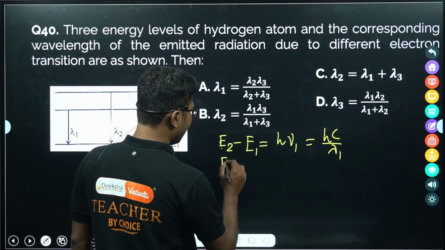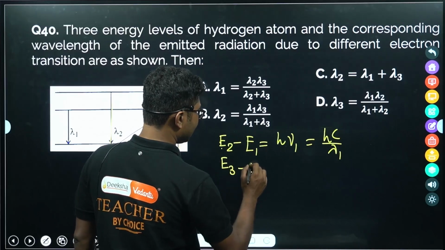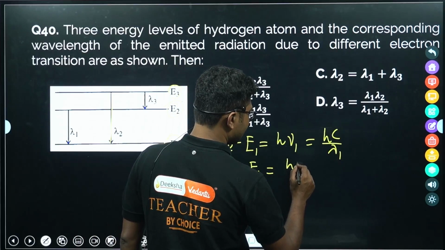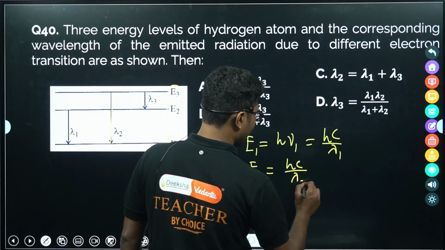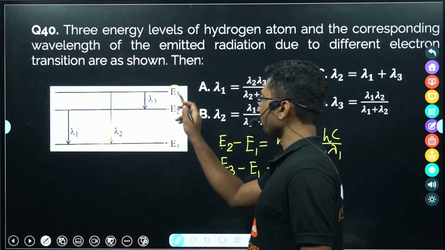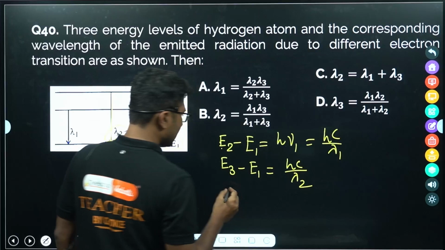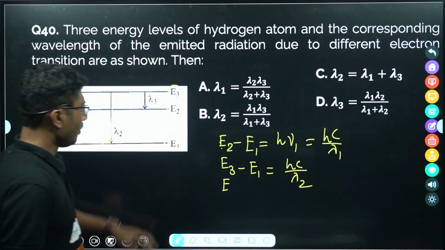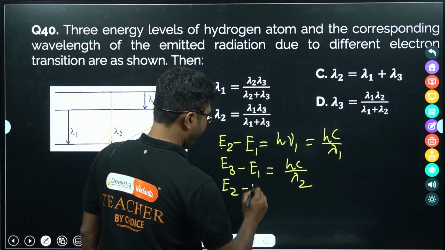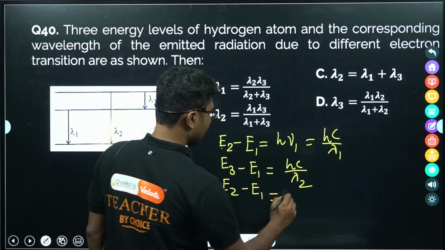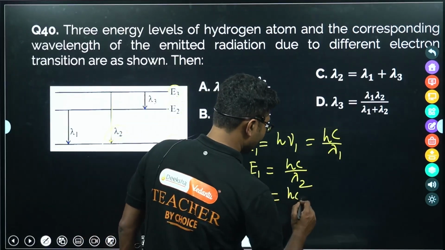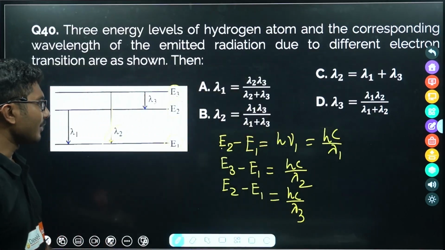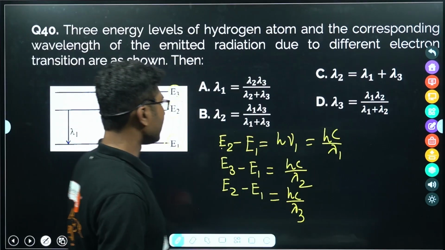Similarly, E3 minus E1 is equal to hc by lambda 2, since lambda 2 is from E3 to E1. Similarly, E3 minus E2 is equal to hc by lambda 3. These are the three equations that we are going to use to solve this problem.